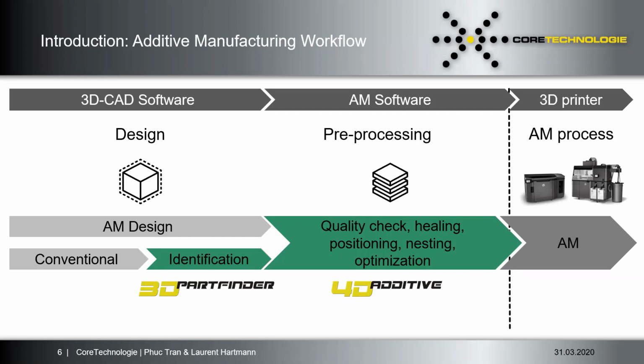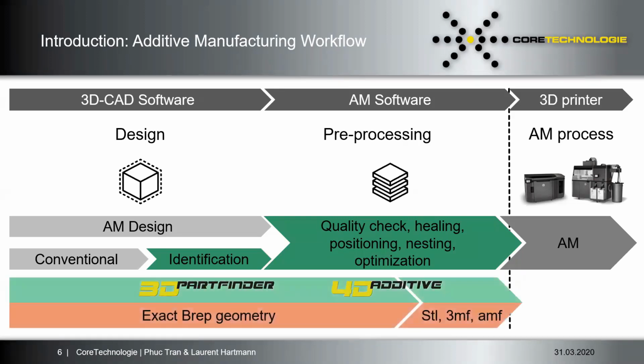So you see here now directly that from the conventional building of the parts or in the designing department until 3D printing, all steps will be covered by the Part Finder and additive software. And the most beneficial point for you is that in the entire workflow until exporting to STL, 3MF, and AMF formats, we work always on exact BREP geometry.